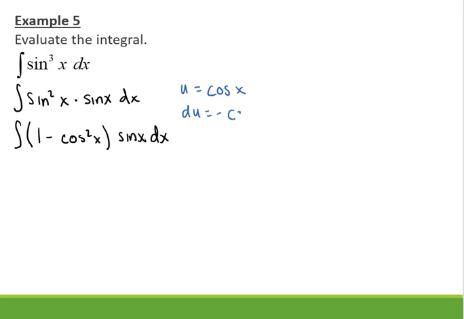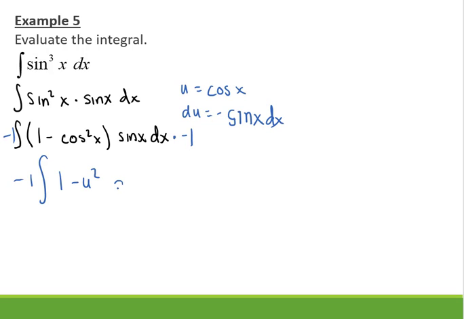So all I need to multiply by is a negative 1 inside and outside. So I now have the integral of 1 minus u squared du, because this whole thing here is my du.